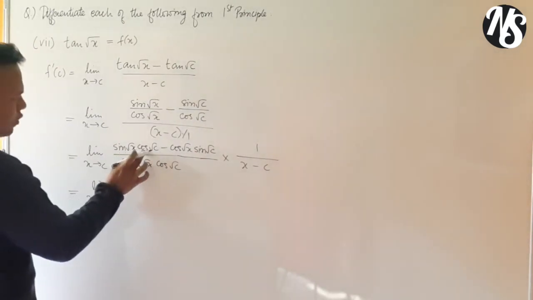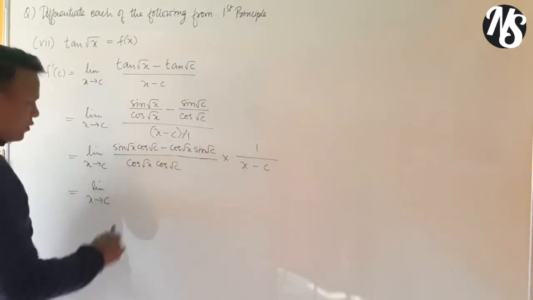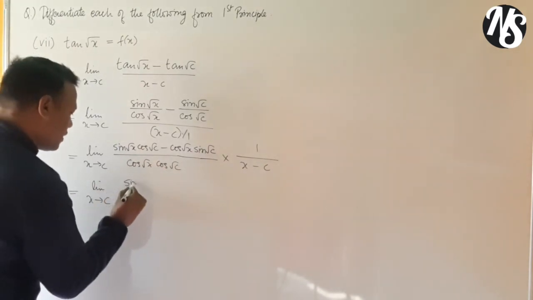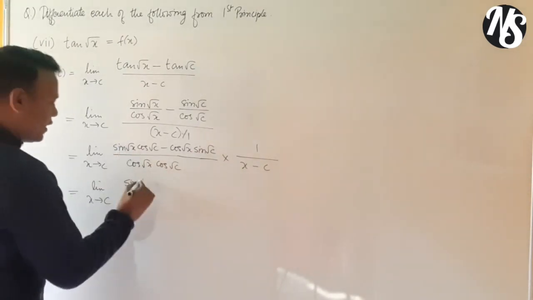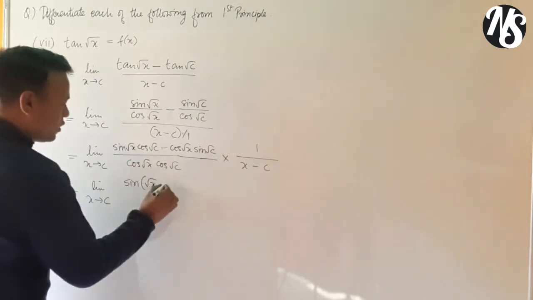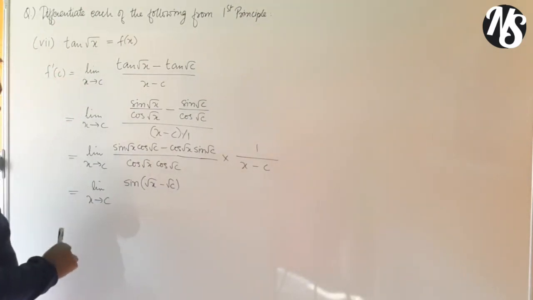Now this is sine a cos b minus cos a sine b, isn't it? So sine a cos b minus cos a sine b is always sine of a minus b. And what is a? A is root x, and B is root c, right? Yes or no?